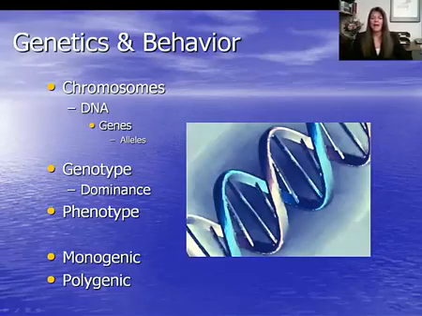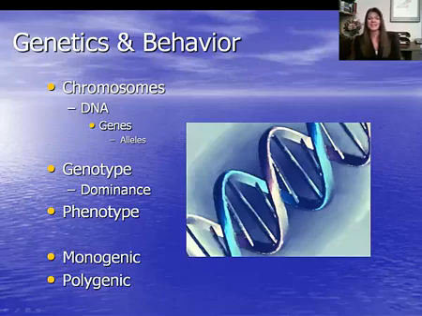Genotype. Now, when we talk about your genotype, okay, the answer is always going to be a couple of letters of the alphabet. And they might be capitalized and they may not be. It's really important whether they are or not, right? Those of you who've taken this know that capital means dominance. Okay?